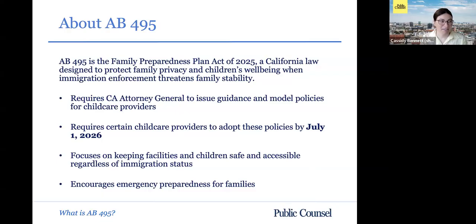However, it is recommended that all providers adopt these or similar policies to partner in creating safe and protective environments for children and families and to comply with the law. This law also encourages families to plan for emergencies. For example, talking about who will care for a child in the event that a parent is detained. And as it says on the slide, you're required to adopt these policies by July 1st, 2026. Next slide, please.